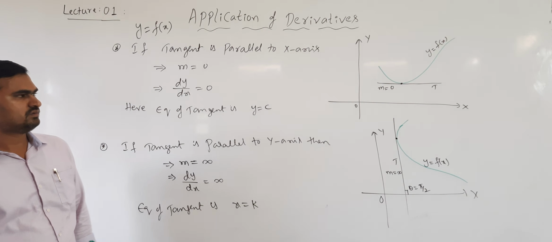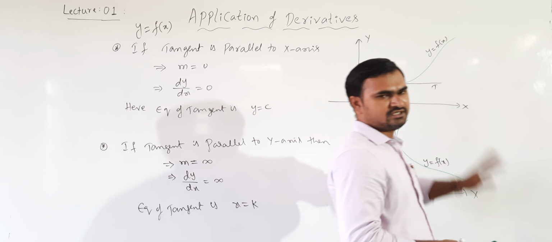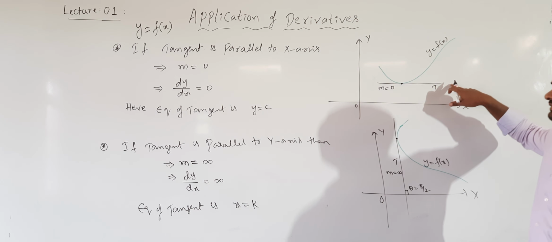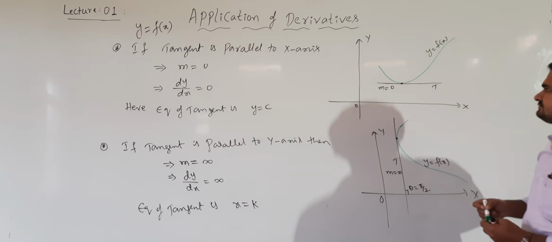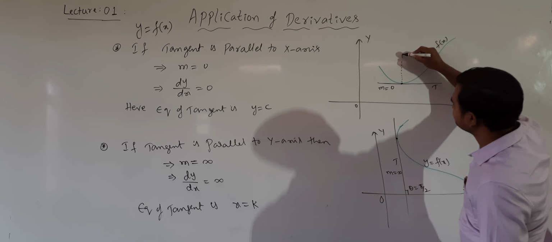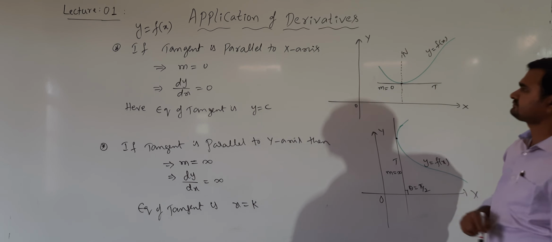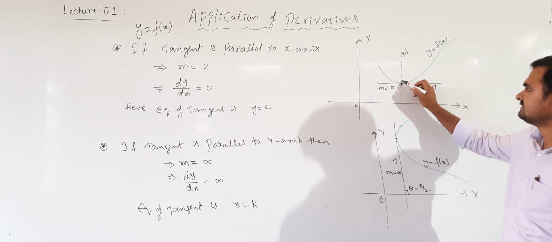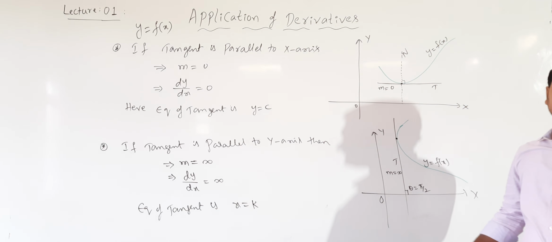Now what about the normal? In the same way we can write the equation of normal. Observe here, if the tangent is parallel to x-axis, then the normal will be parallel to y-axis. So this will be the normal, because the normal is always perpendicular to the tangent. The tangent is horizontal, so the normal will be vertical.